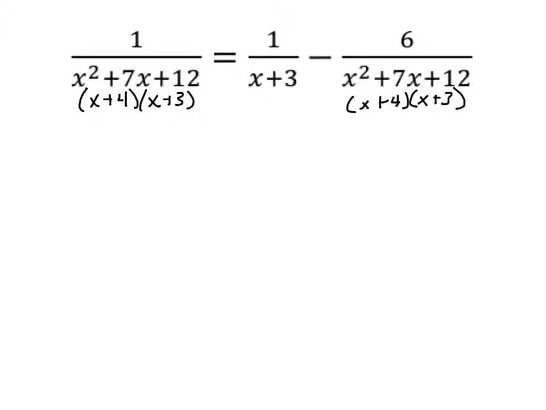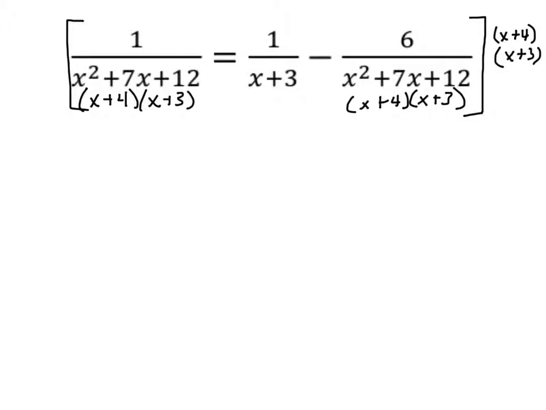So the parts of the denominator we have are x plus 4 and x plus 3. So that's what I'm going to multiply my equation by. We're going to multiply it by an x plus 4 and an x plus 3.